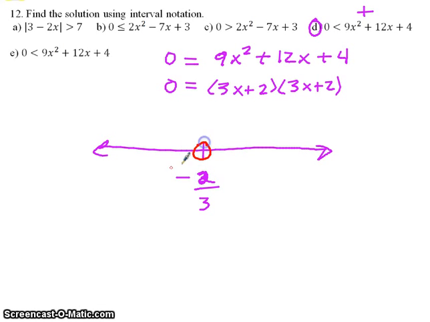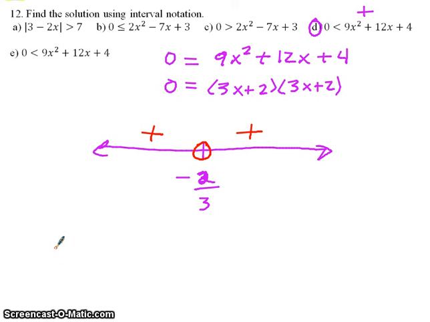and we can't include that value. That value here is not included because there's no or equal to. We have to figure out where we are greater than 0. And if I tested a value prior to negative 2 over 3, that would result in a positive value. If I test a value after negative 2 over 3, that would result in a positive value.